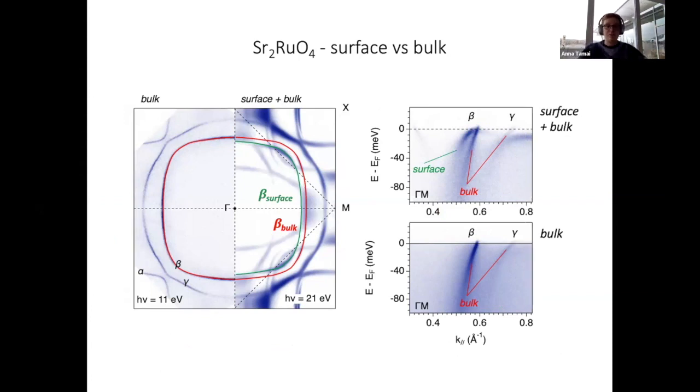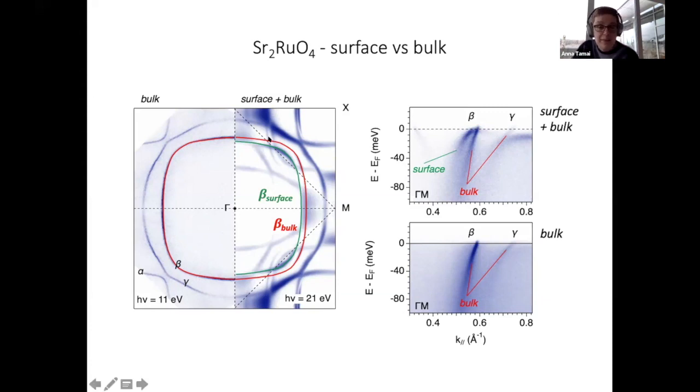So if you compare data from a clean sample and a sample that is then exposed to CO, at the beginning you have both surface and bulk states, and then you see the surface state disappear and the bulk states remain, and this is quite clear in the experiment. You can do this in the cuts for the surface and the bulk state. The same I do here on the left-hand side for the contours of the Fermi surface.